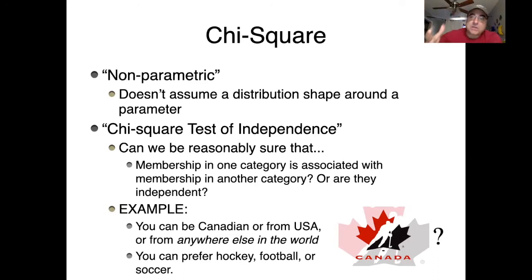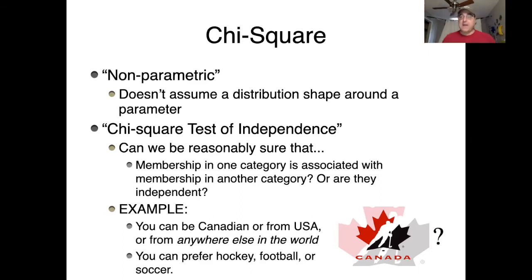If categorization over here is independent of your categorization over here, there's no relationship, no effect, and the null hypothesis is true. The other possibility is that they are dependent. That will create a different number for the chi-square test, and it will cause us to establish that there was a relationship between categorization on one variable and categorization on another variable.